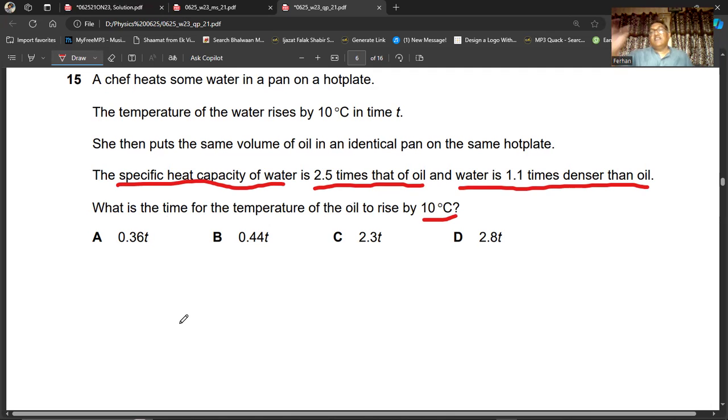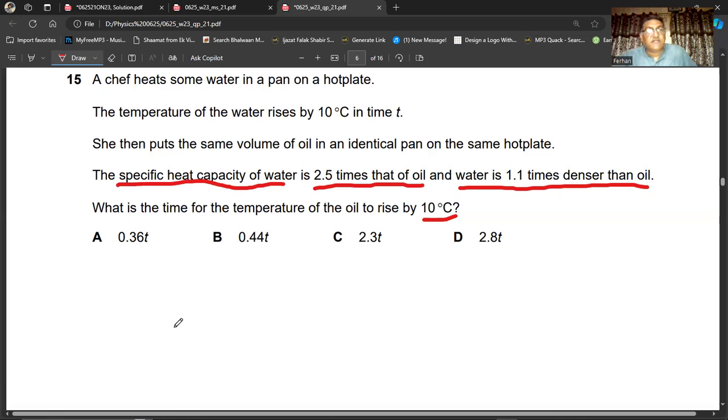Okay, so this is question number 15 from the IGCSE physics, the standard physics, and this is October/November 2023, 2-1 paper. It's a multiple choice paper, and it's question number 15. It's a very tricky question on the topic of heat.